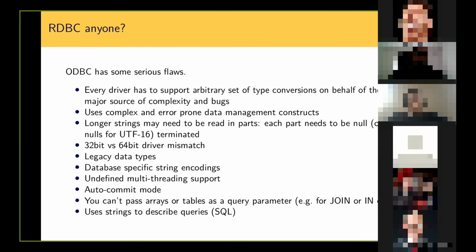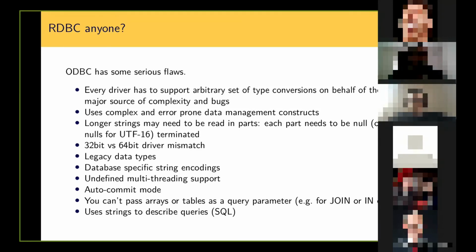And based on all this experience with ODBC, I obviously saw a lot of things that could be better, especially going from the Rust side of things. There's a list here, but the main problem I've noticed is that every driver has a whole table of implicit conversions, sort of a la JavaScript.